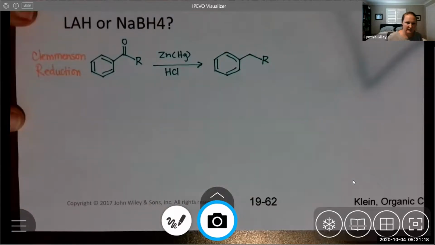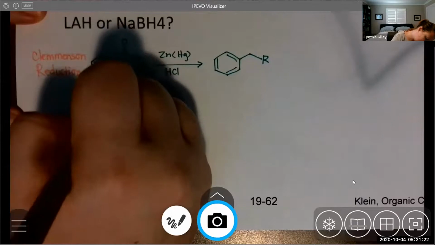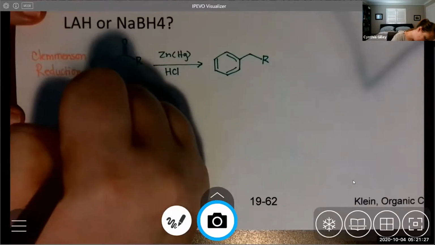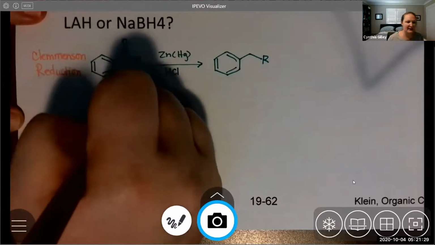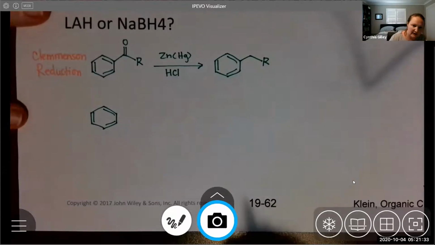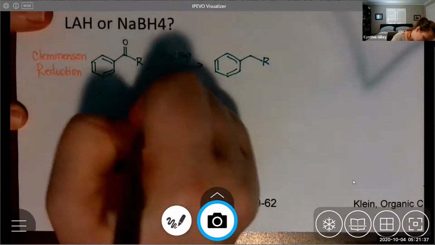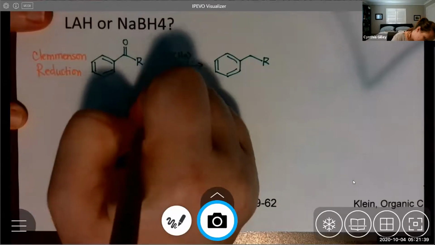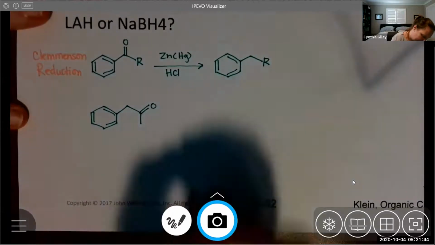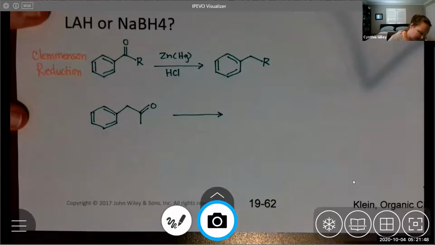Okay, we also learned in this chapter about the Wolff-Kishner reduction. I don't know why I'm drawing an aromatic ring. I think I just got carried away from the first case, but let's say it could be any carbonyl. Let's place it in a different position just to show that it doesn't need to be at the benzylic carbon. The Wolff-Kishner reduction is a two-step synthetic process.